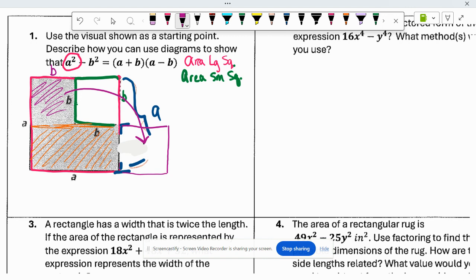Okay. Are you guys watching what I'm doing? So this first box, the area of this shape, well, the area of this shape is A times, we said this was A minus B, right?